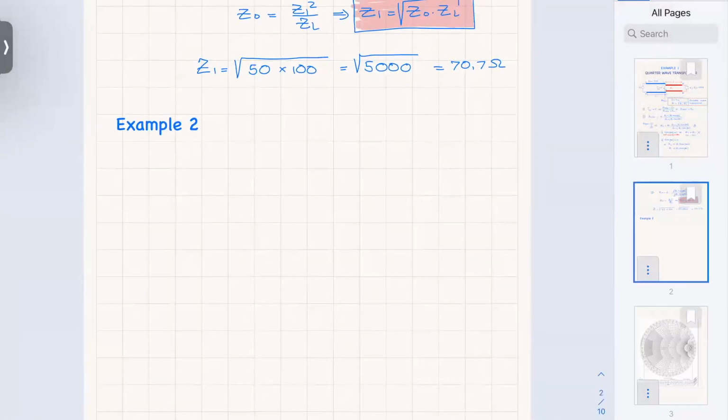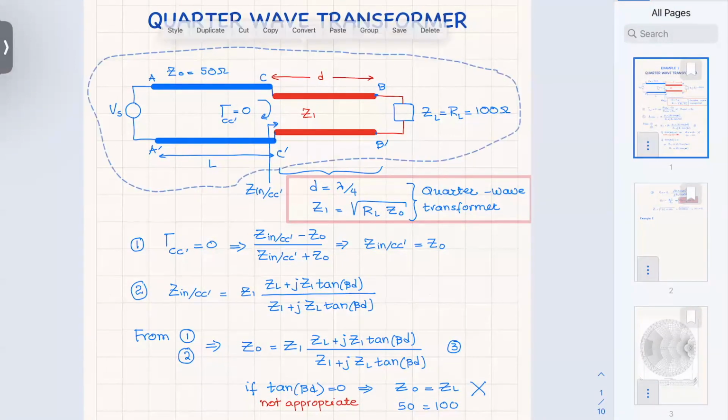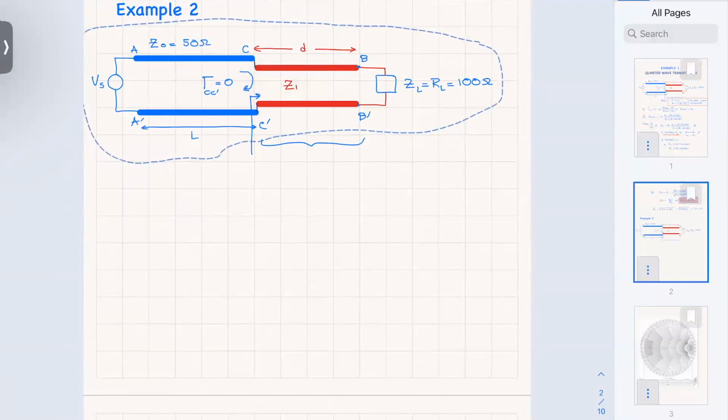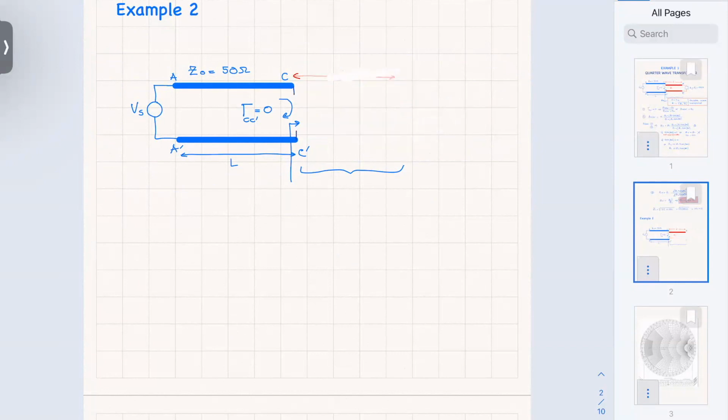Now I'm going to give you this transmission line. Let me get a list so I don't have to do everything. I will take that and then eliminate some things. Copy, paste. All right, so I'm going to erase that. Erase this. Erase that here.